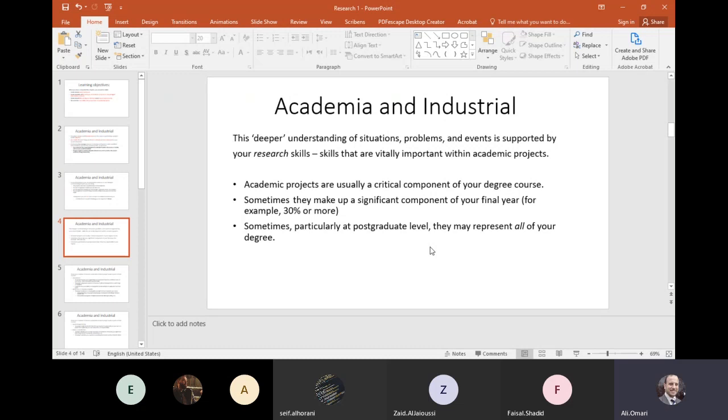So research is the way to accomplish the other dimension or angle that we need to cover in the academic project setting. Clear?